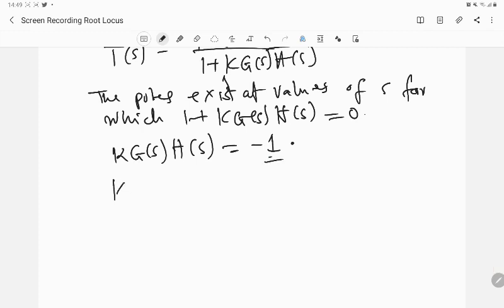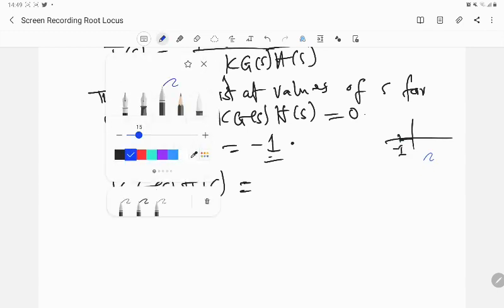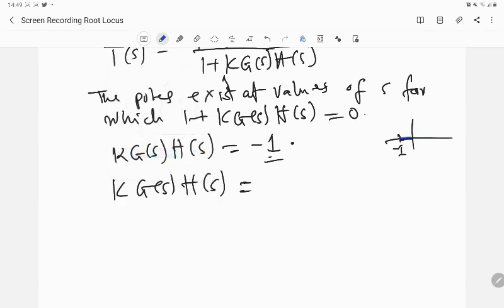If this is the case, then what can we say about this? It means that k G(s) H(s) is equal to minus 1. If you plot minus 1 as a vector, then the magnitude is going to be 1.